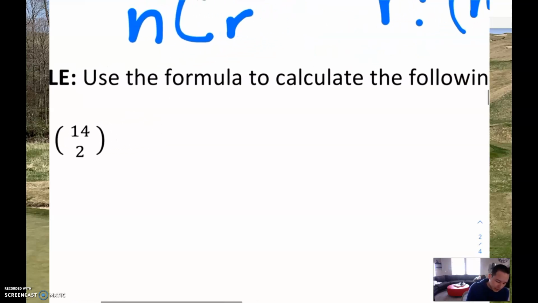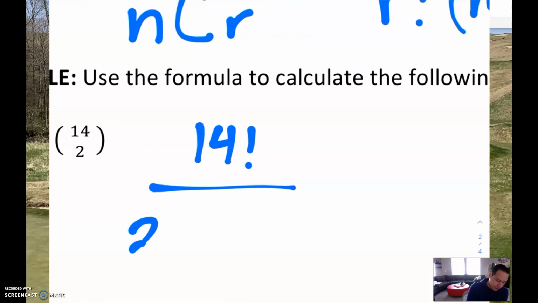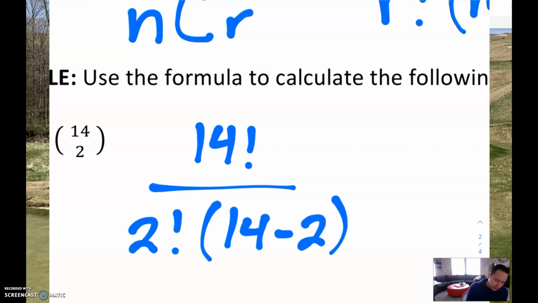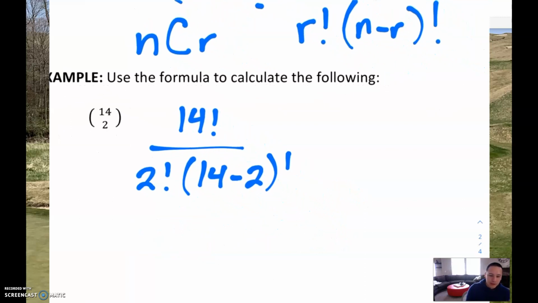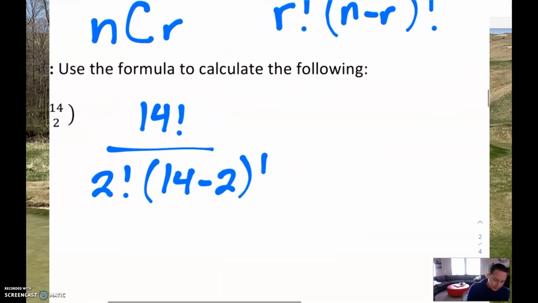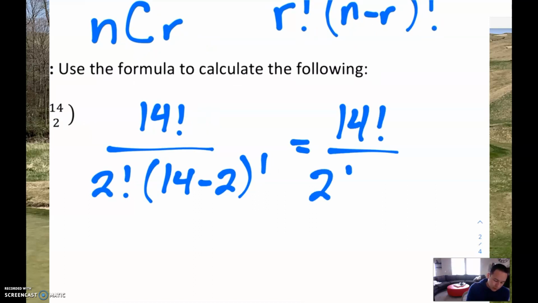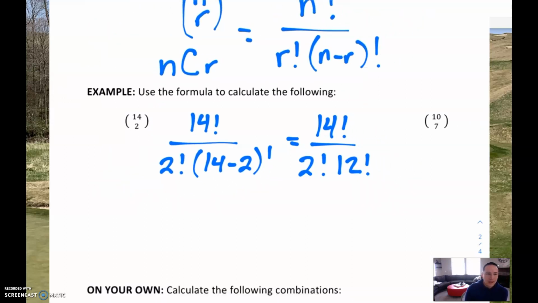So it's going to be 14 factorial over 2 factorial times 14 minus 2 factorial. I'm going to simplify this a little bit. So we end up with 14 factorial over 2 factorial times 12 factorial. And what a factorial means is just multiply it all the way down to 1.